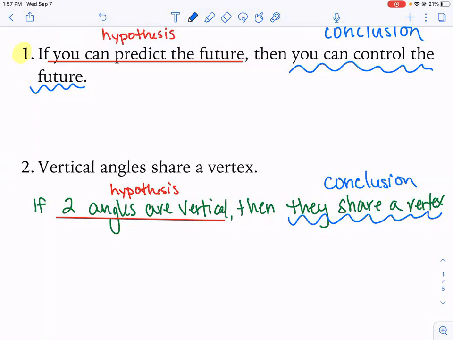Now, let's talk about how we determine whether an if-then statement is true or false.